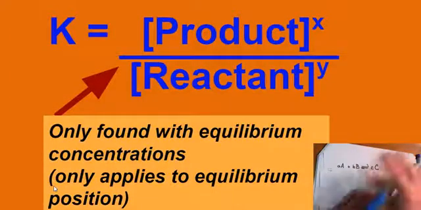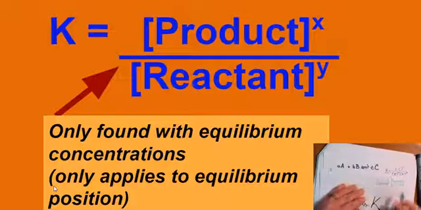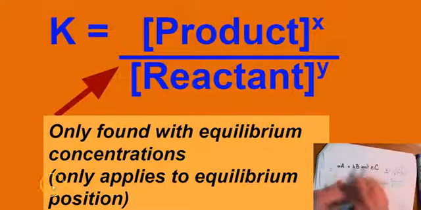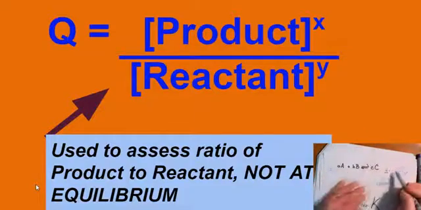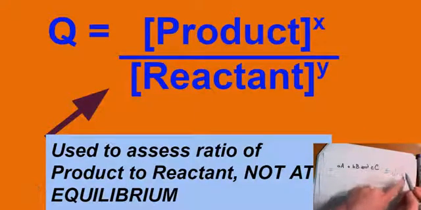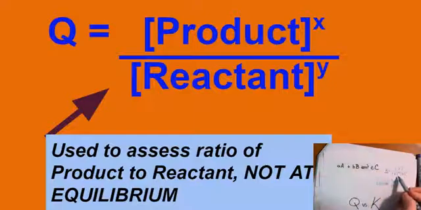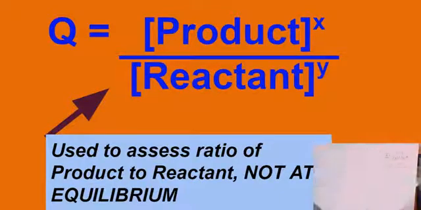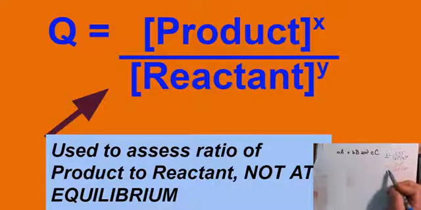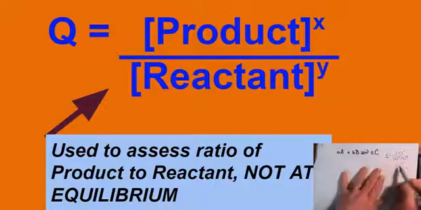So we understand that K is only found with equilibrium concentrations. We could input other concentrations at other times outside of the equilibrium position, but then we can't call it K. What we call it is Q. So Q is the same equation.